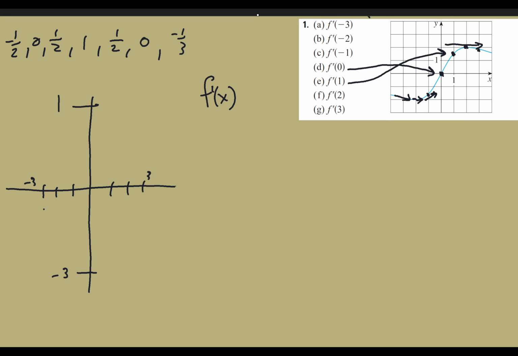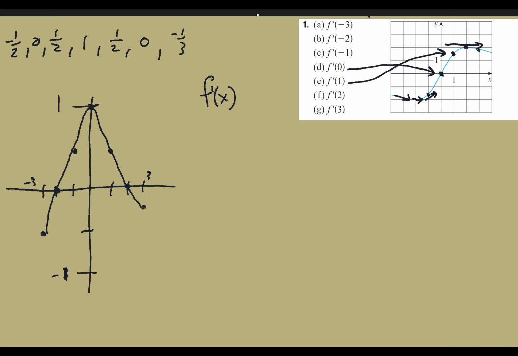So -1/2 would be about here, and then 0 for -2, and about a 1/2 for where x is -1, and then it's 1 here like this, and then a 1/2, and then 0, and then like -1/3. So the graph of f prime, if I was good at it, would look something like this. That's all they're asking you for.